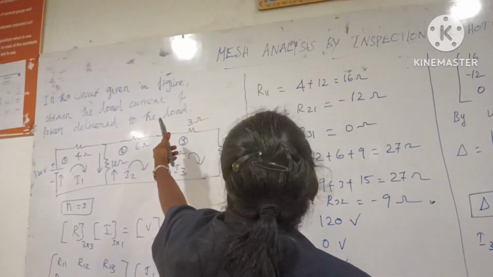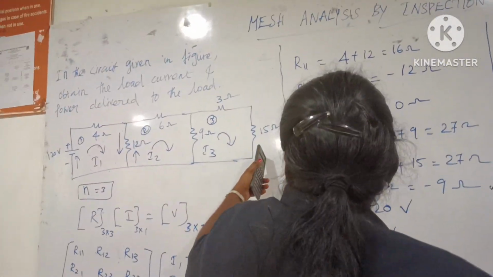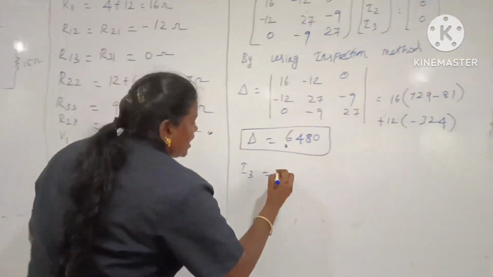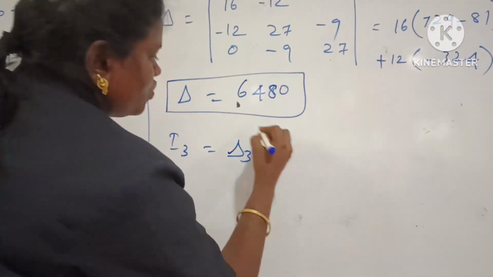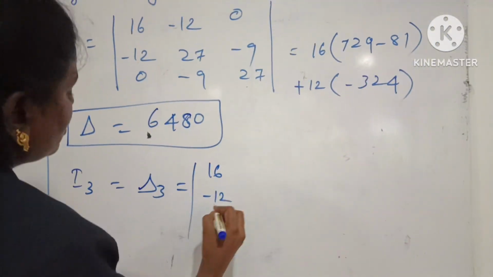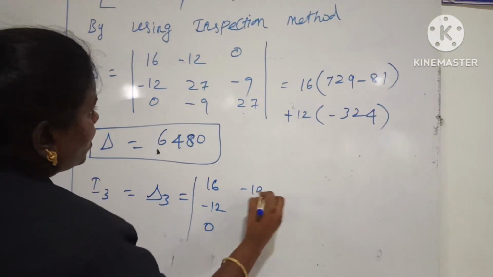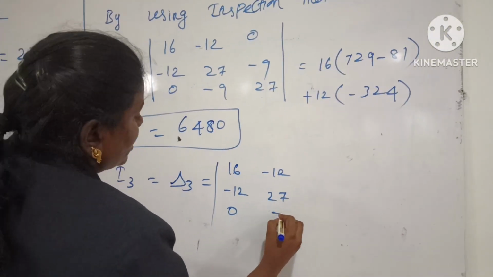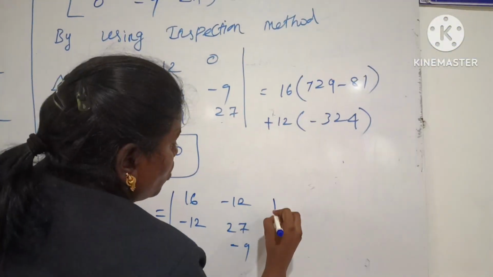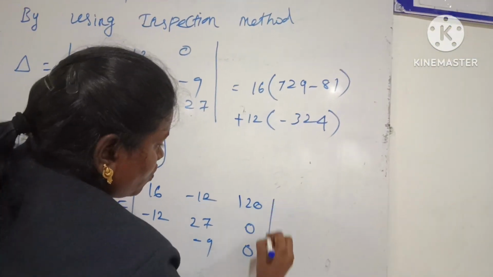Next you have to find the I3 value, because they asked only for the load current. This load current is the I3 current, through the 15 ohm resistance. So you have to find only the load current I3. So del 3 is equal to the determinant of 16, minus 12, 0, minus 12, 27, minus 9. Replace the voltage source in the third column with 120, 0, 0.